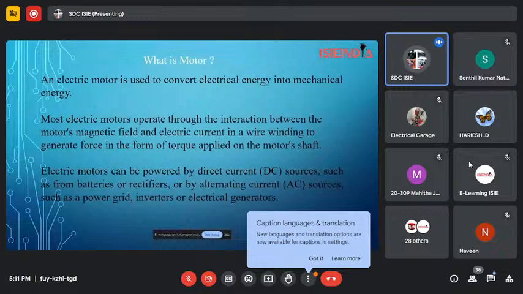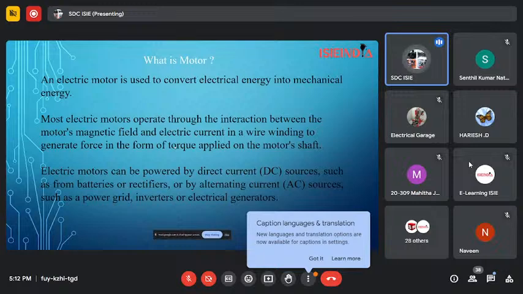I'll just go through the first two slides shortly, so you will be able to recall that. We have two poles, north and south, and there is an imaginary or invisible force acting besides them, throughout the magnet.